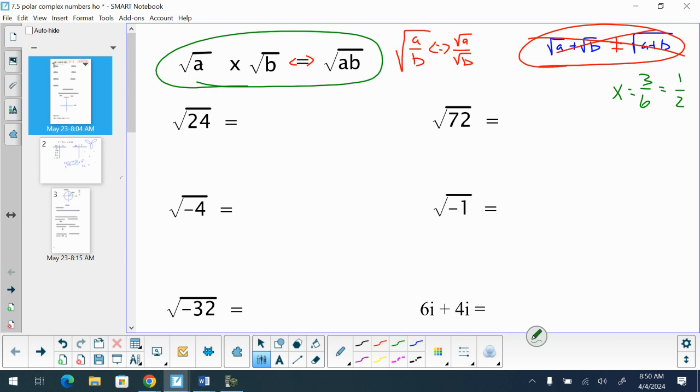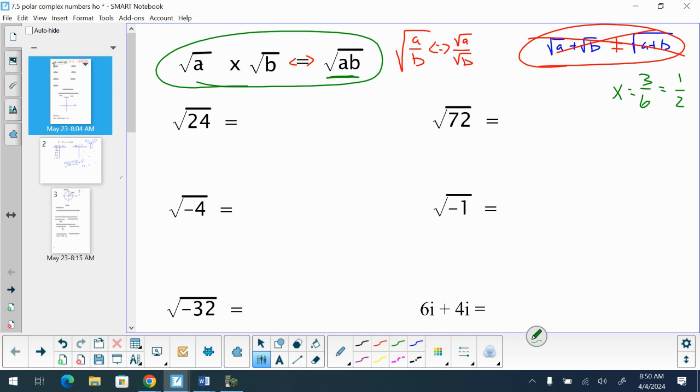When we go to simplify it down, we want to break it down into two things that we can multiply together to get the value 24. Well, we have 1 and 24, 2 and 12, 3 and 8, 4 and 6. We have a bunch of options.